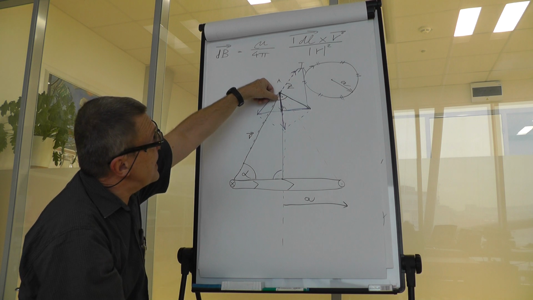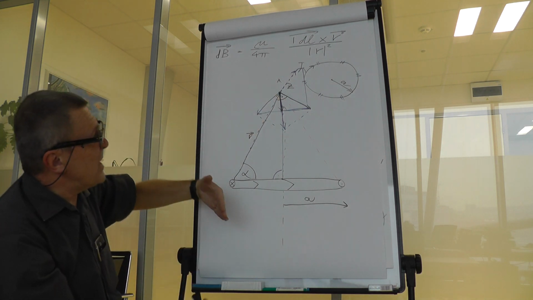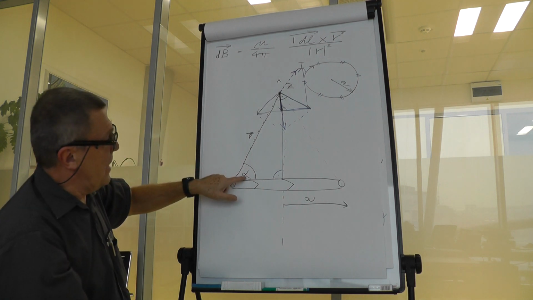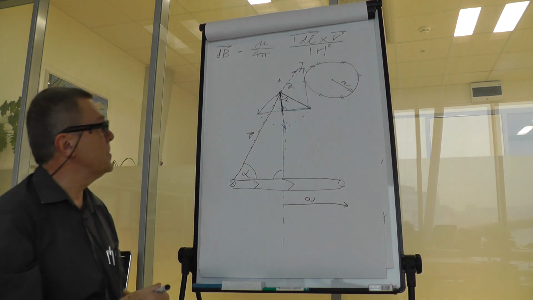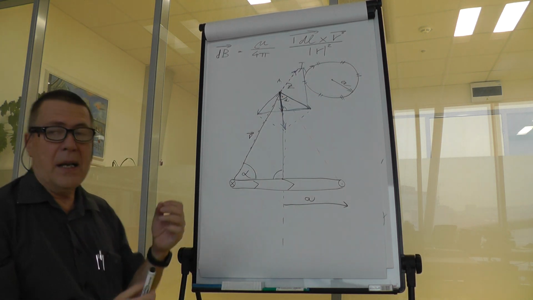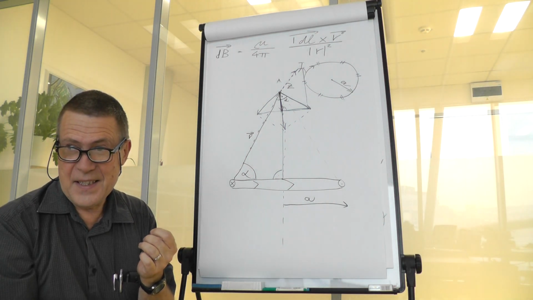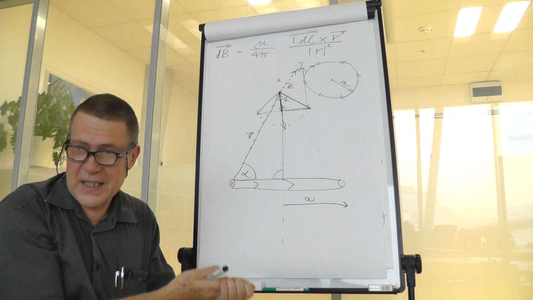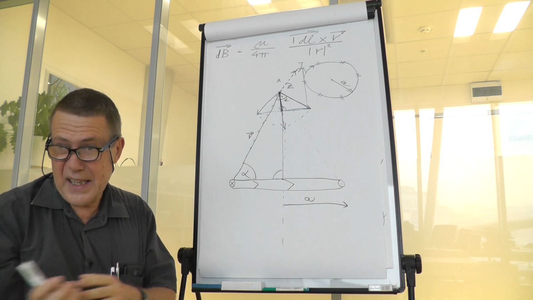You have already this angle over here, so it must follow that this angle is alpha. And now we have proven that we have two triangles with the same angles, because the sum of all the angles of a triangle must be pi radians.